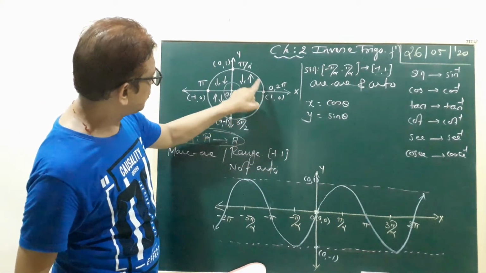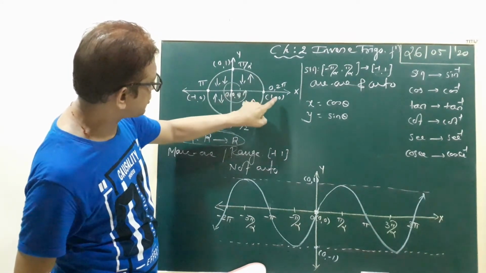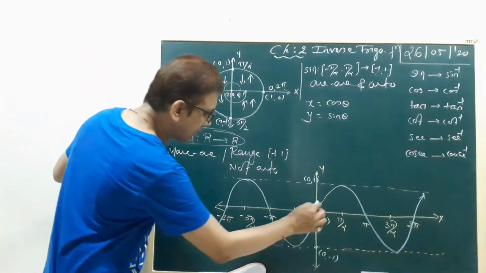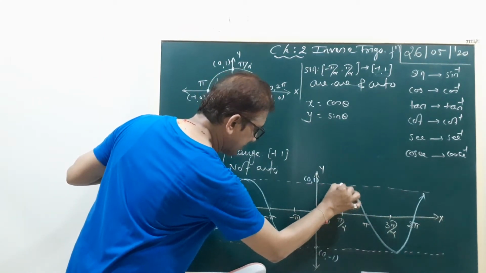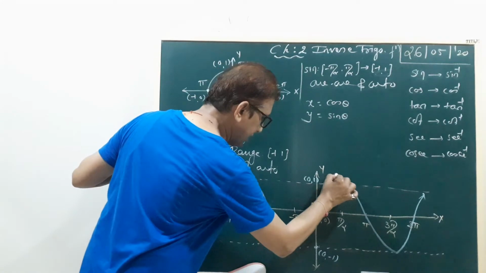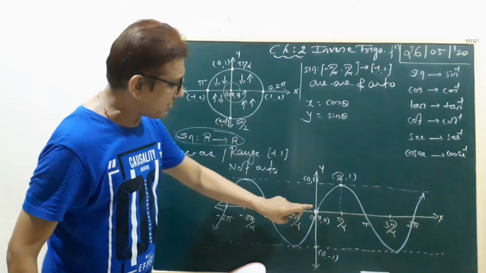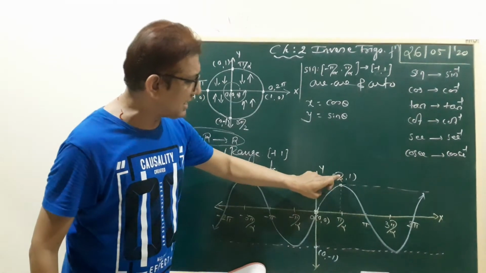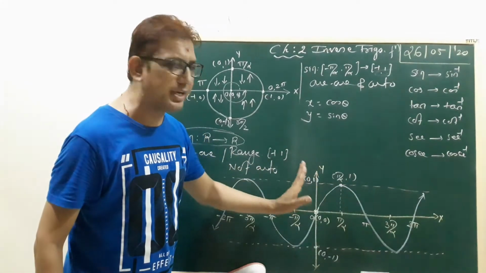First quadrant 0 to pi by 2, sine is an increasing function, 0 to 1. Here the coordinate of this point is pi by 2 and 1. That means sine pi by 2 value is 1. Clear?